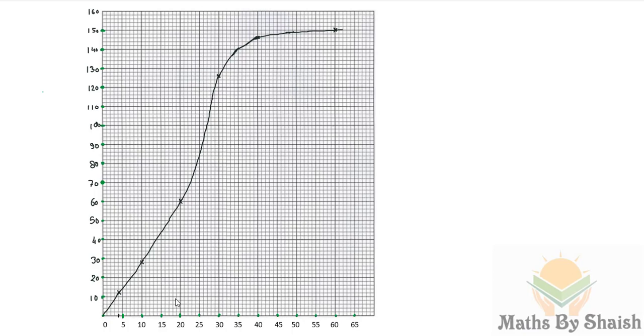So here we can see the data from 0 to 60, I need, so I took the distance of 5, and it is 4, the next one was till 10, then till 20, then till 30, then 40, and then till 60 we require, and I have marked the points, like here it was 12, then it is 28, and it is 60, and then it was 126, and here 146, and the last one 150.